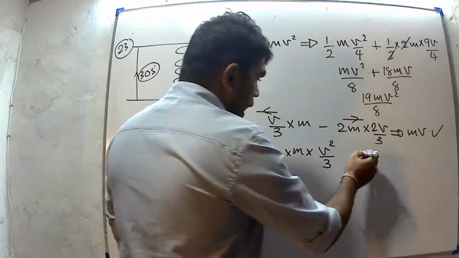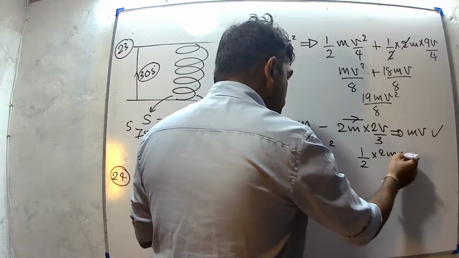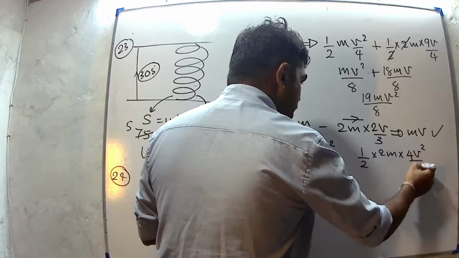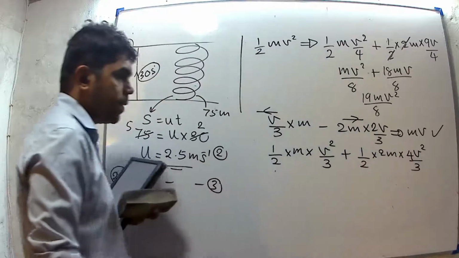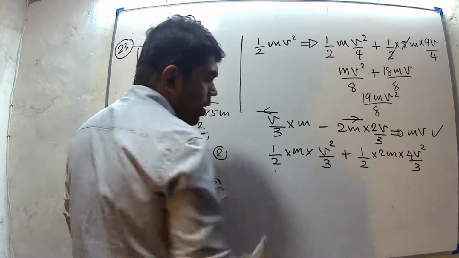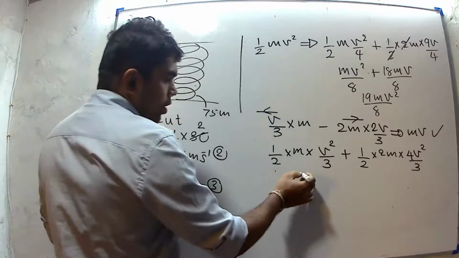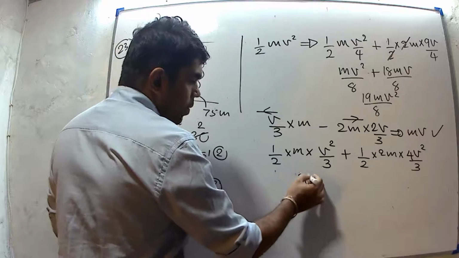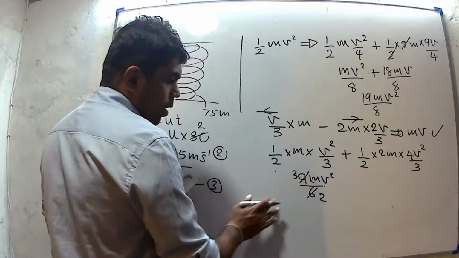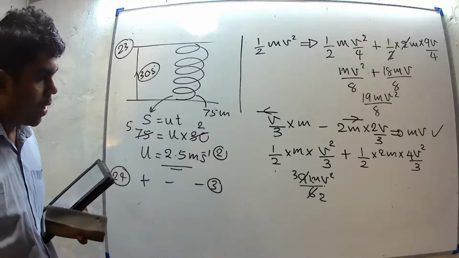And the kinetic energy for the second ball is half of 2m times 2v over 3 squared. We can add them: m v squared plus 8 m v squared, 9 m v squared divided by 18 (2 times 9), that is half m v squared.